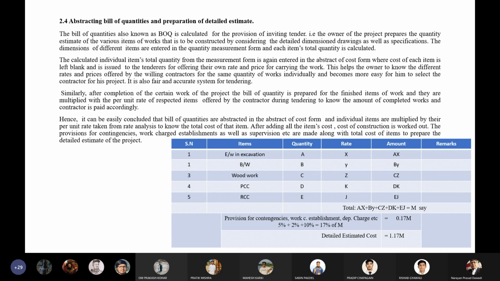Generally, the bill of quantity is prepared, but the rate and cost are left blank. That will be filled up by the contractors during the tendering process.